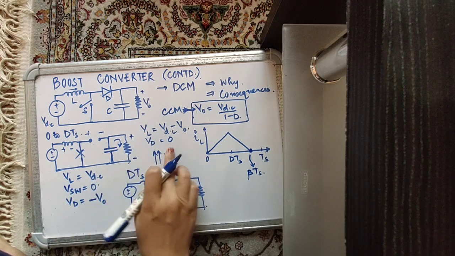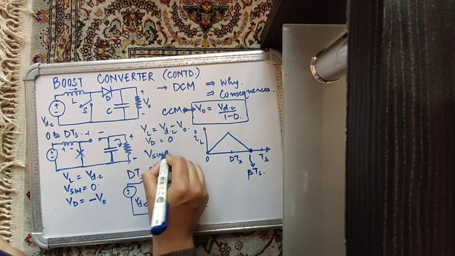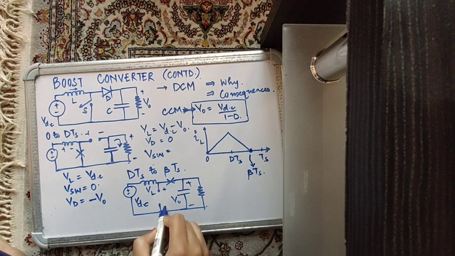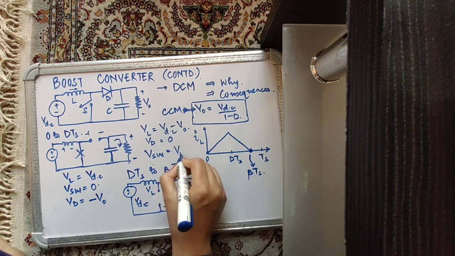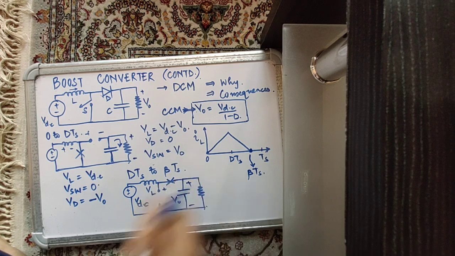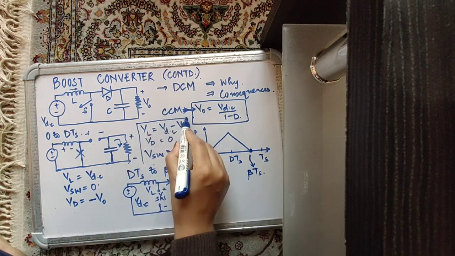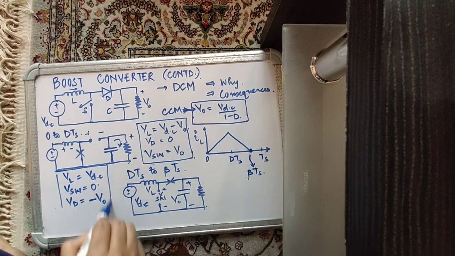The switch is not conducting, so it is supposed to block some voltage, and that voltage is directly the load voltage V0, because the switch is directly connected across the load. So these are the parameters during the energy releasing interval in discontinuous conduction mode. These are for the energy storing interval.